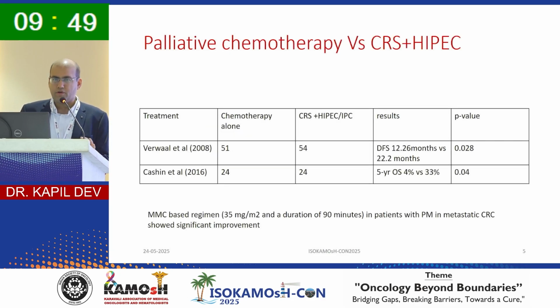If I discuss the data from the last 20-25 years, two reports are there, one with around 100 patients and one with 50 patients, due to poor accrual. Comparing palliative chemotherapy only, with no surgery and no HIPEC, against CRS with HIPEC, they found that disease-free survival increased with HIPEC and CRS compared to chemotherapy only. It was around 22 months compared to 12 months in one study, and in the second, 5-year overall survival was also 33% with CRS.